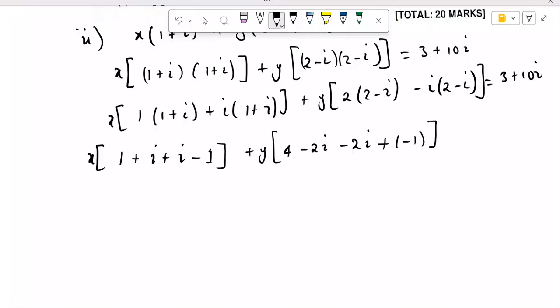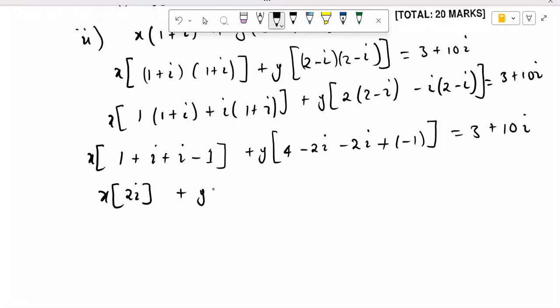Like that, equal to 3 plus 10i. So x is simplified now. You have 1, this 1 and 1 here just cancel out, 1 minus 1 is just 0. i plus i, 2i.